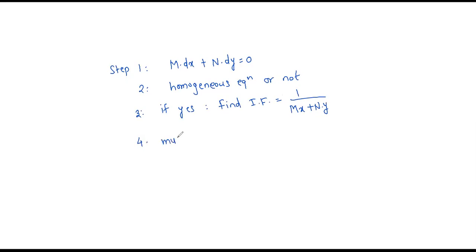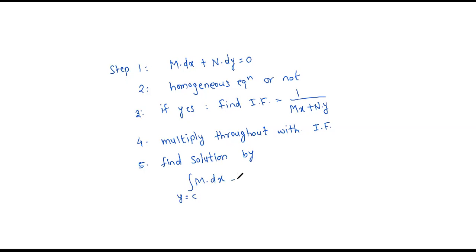Fourth, multiply throughout with the integrating factor. And once you have multiplied it with the integrating factor, find the solution by integration of m dx keeping y constant plus integration of terms of n not containing x into dy is equal to constant.